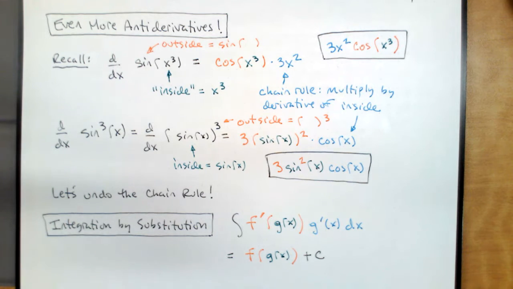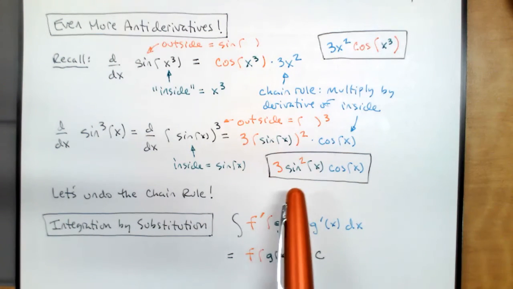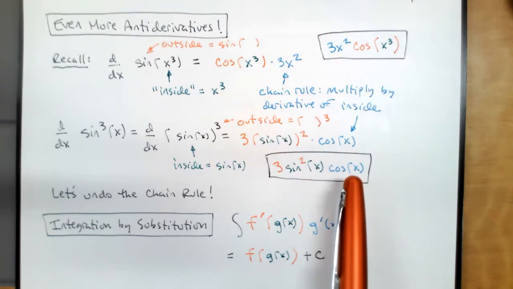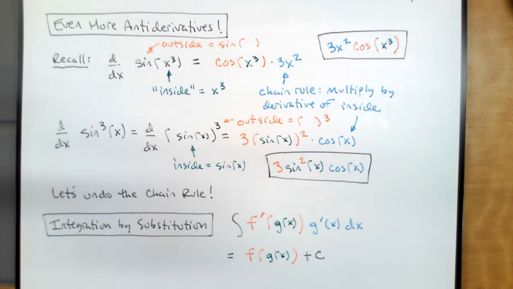Notice that if I wanted to integrate 3 sine squared x cosine x, we're actually integrating the 3 something squared. The integral of 3 something squared is something to the 3rd power. So it's the outside function that's the one that's actually getting integrated. In the previous problem, the thing that we integrated was cosine.